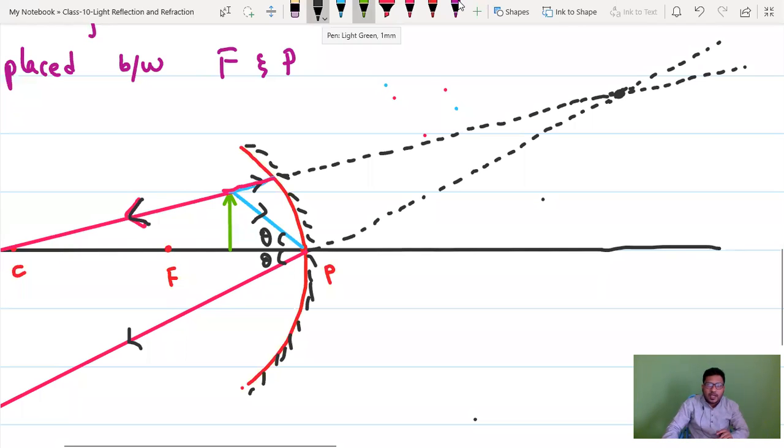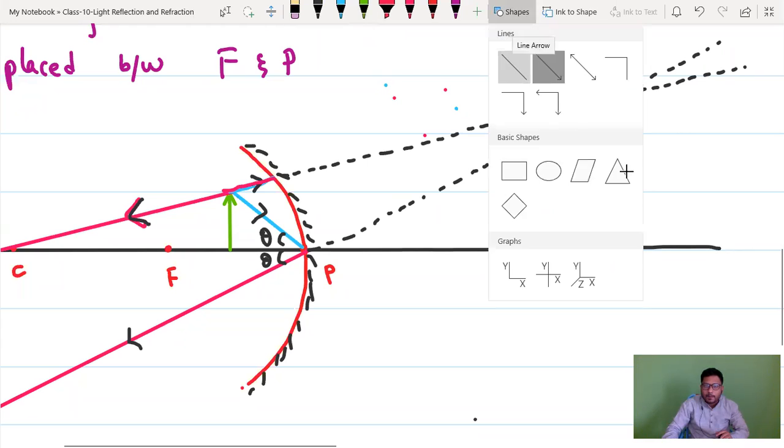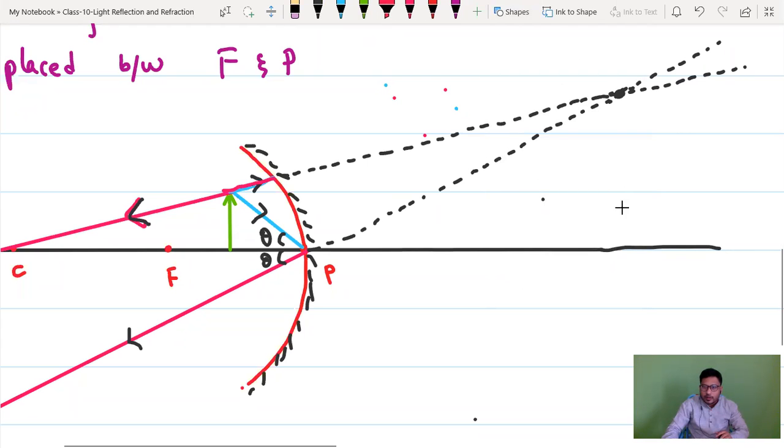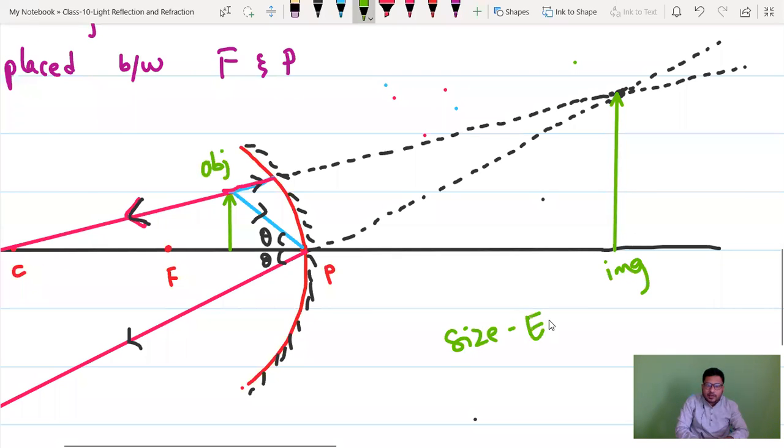So here you can draw the image. This is the point where you can draw the image. Now you see this is the object and this one is the image. Coming to size, the image is larger than the object, so you can write enlarged.